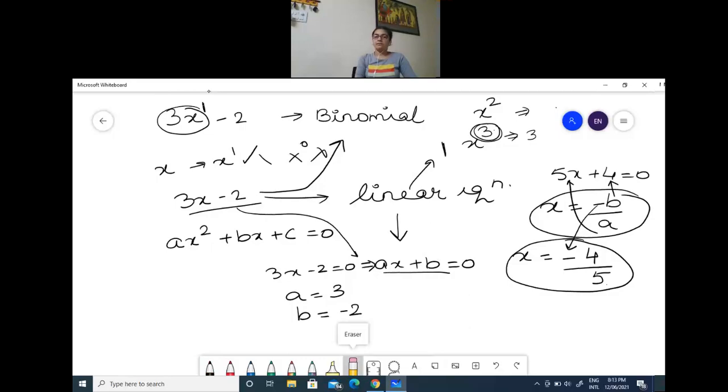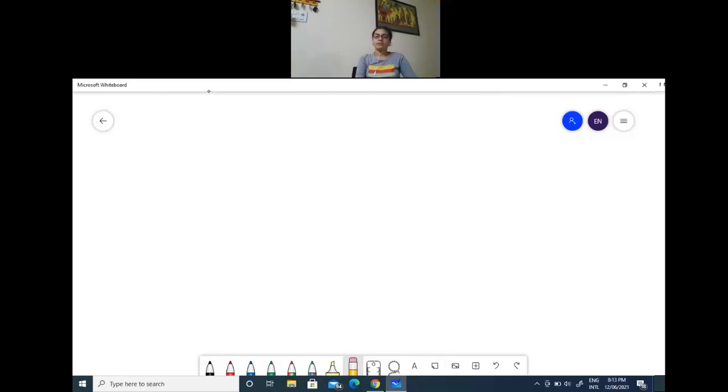So let me give you a few more examples. Suppose the sum is minus 6x plus 4 equal to 0. So what do you think should be the value of x? We know the formula. Let us write down the formula first. Minus b by a.